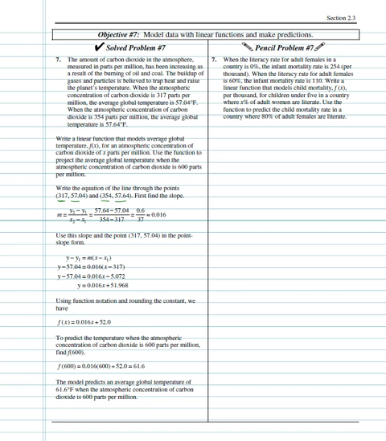So when you start a problem, you always have to know which is your independent and which is your dependent. Looking at this problem here, the literacy rate of the adult females in a country is 0%. The infant mortality rate is 254. When the literacy rate of the adult females is 60%, the infant mortality rate is 110. So write the linear function that models the child mortality, f of x, per 1,000 for children under 5 in a country where x% of the adult women are literate.